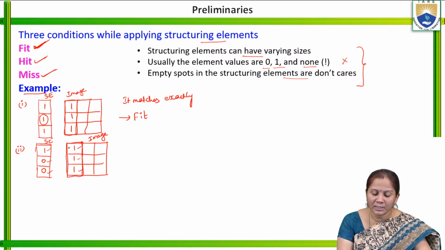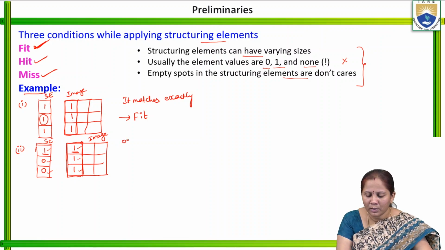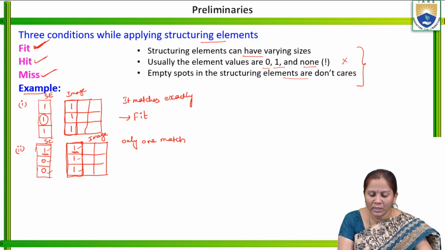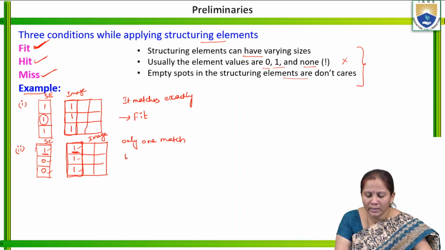Only one pixel matches: here this is one and this is also one, whereas the remaining two are mismatches. So this condition is called hit.